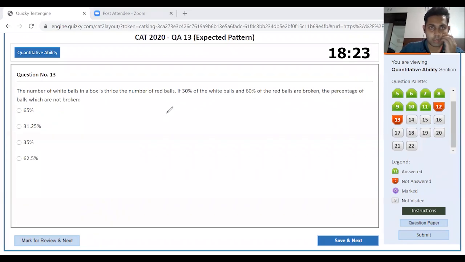Number of white balls is thrice red balls. Okay, percentage. Red ball 10, white ball 40. This is red, this is white. 60 percent is broken, 6. And 30 is 10 percent is 4, so 12 not broken.